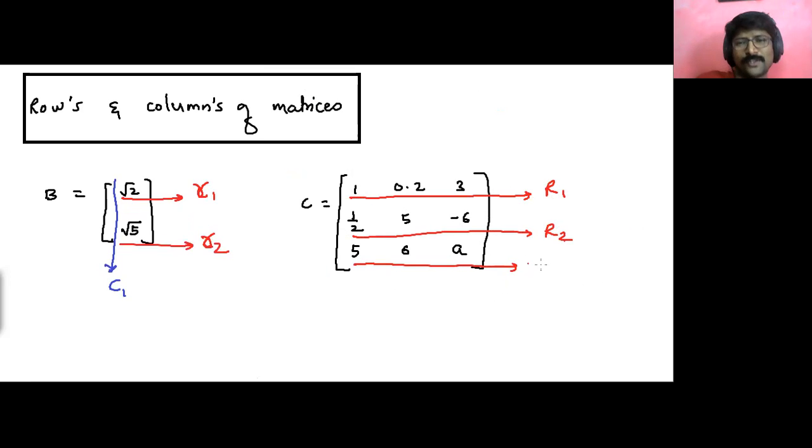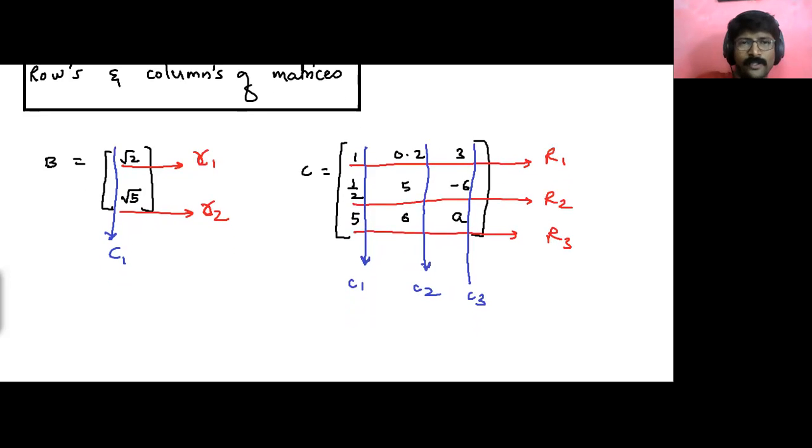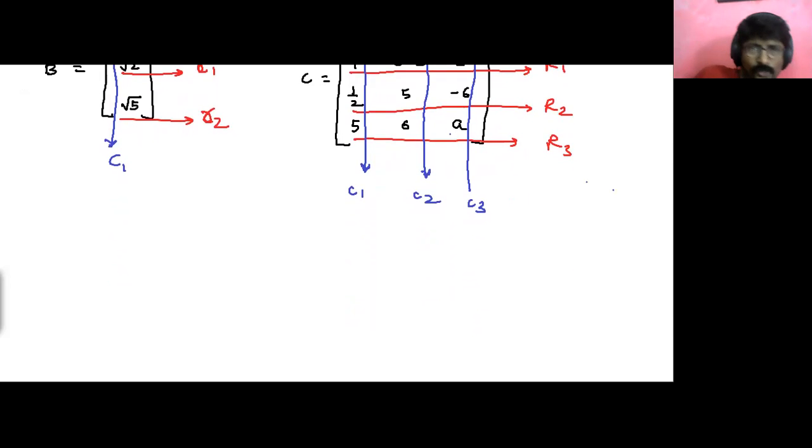This is column one, and this is column two. These entries are called column two entries. These entries are called column three. So how many rows and how many columns there are is called the order of the matrix. I hope by now you understood what are columns and rows in the matrix.